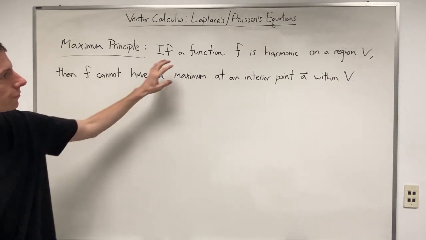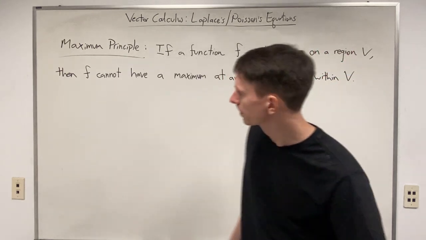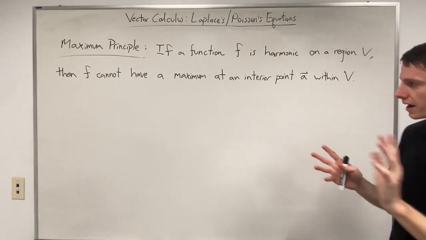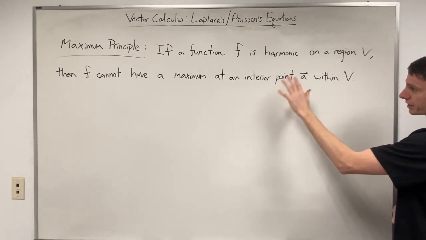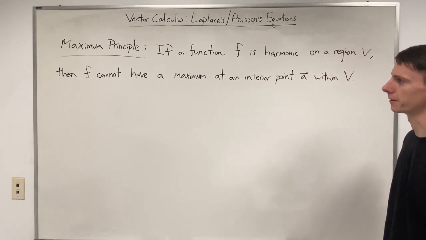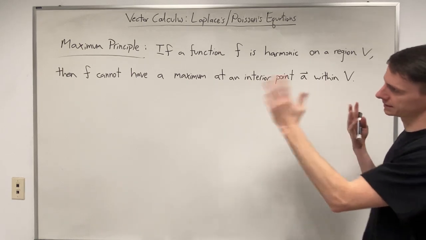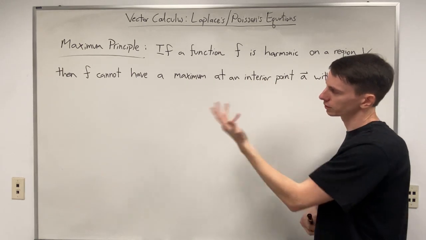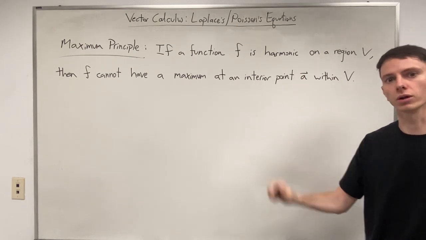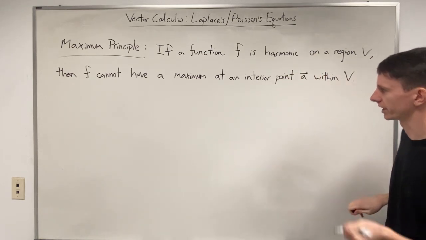It says here that if we have a function f and it's harmonic on a region V, some volume V, then f cannot have a maximum, whether it's a local max or a global max, at an interior point, which we can call A, within the volume V. Now, really quickly, this is the maximum principle, but an identical concept you can talk about is the minimum principle. It'll just be a matter of switching inequality signs ultimately. But let's try to first understand what this is saying.